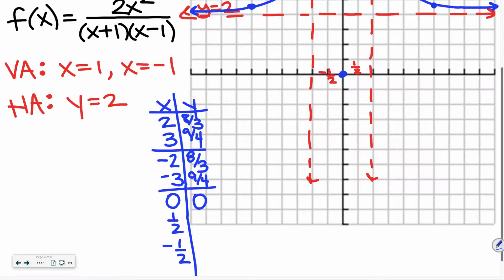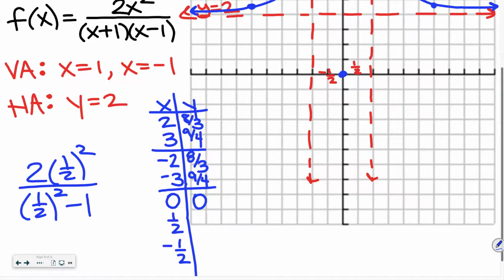When we plug in 1/2, 2 times 1/2 squared would be 1/2, over 1/2 squared minus 1.